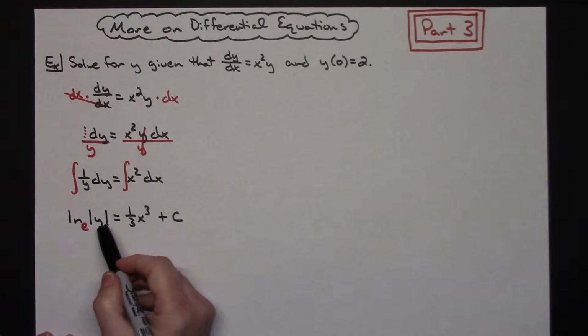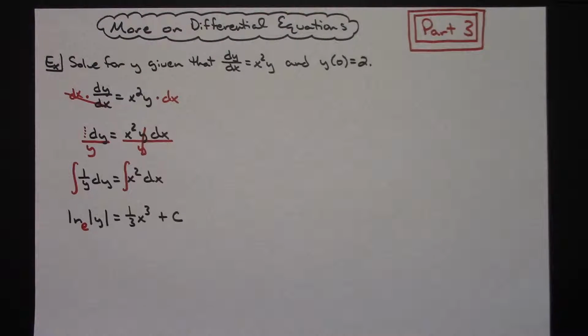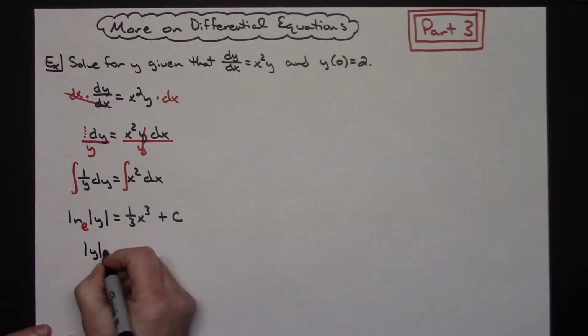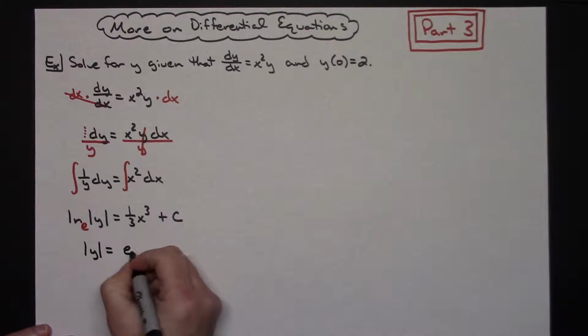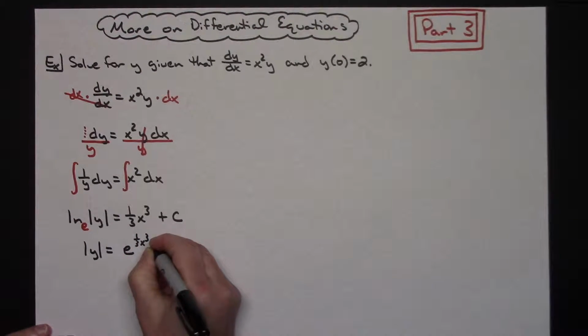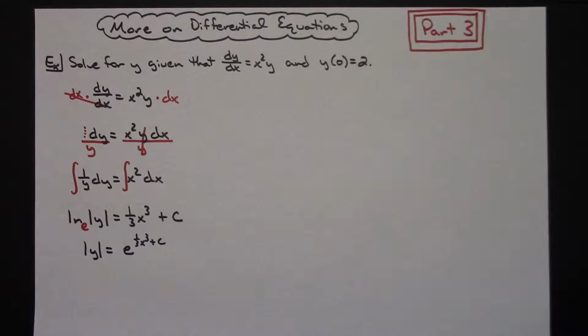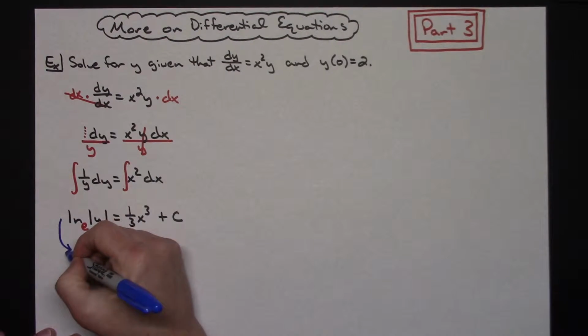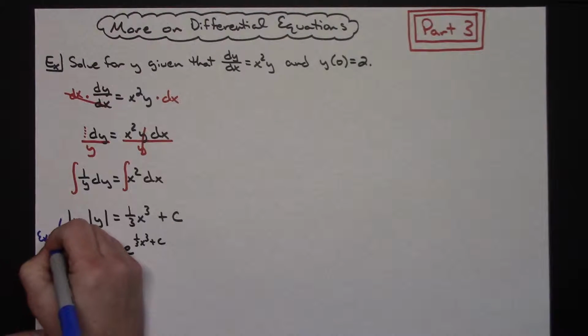I do want this absolute value of y on the left hand side, so I'm just going to write it that way. It'll save rewriting. Absolute value of y then is equal to e raised to the 1/3 x to the third plus c. Again, let's identify what we did right there: shorthand notation maybe, we went exponential form.